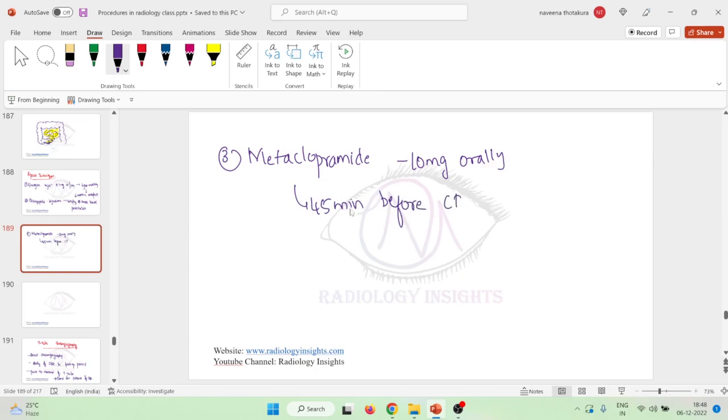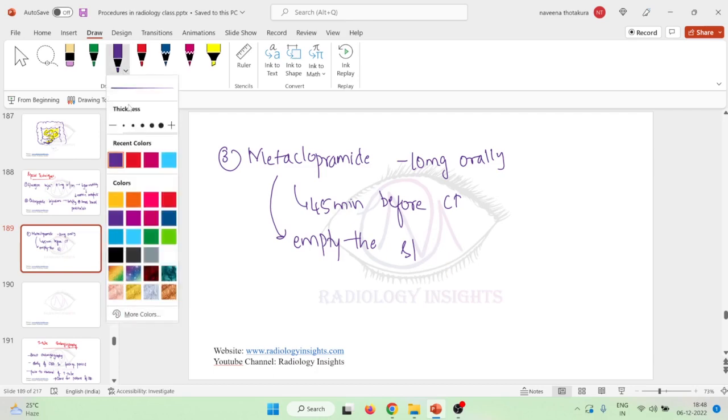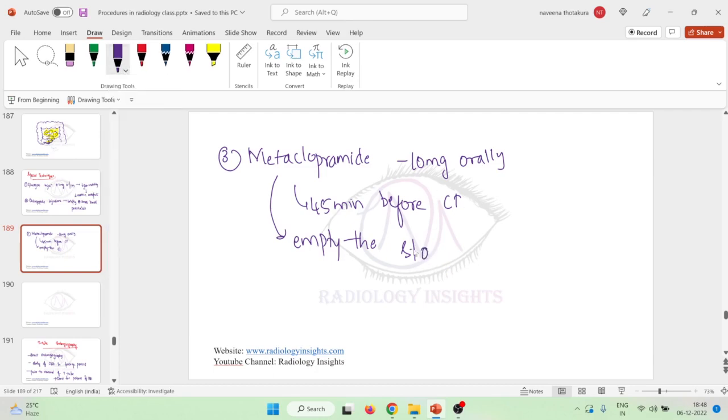Once we give metoclopramide, it empties the stomach completely, and thus it improves the opacification of the ileum, so the organs can be demarcated easily by using metoclopramide.